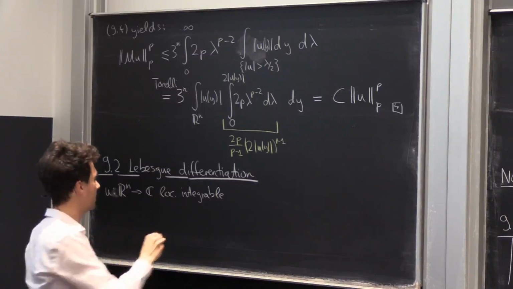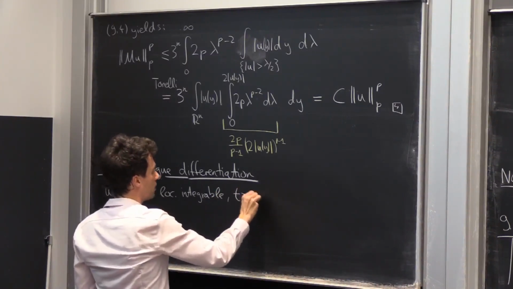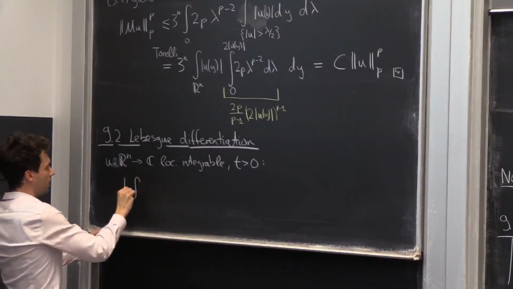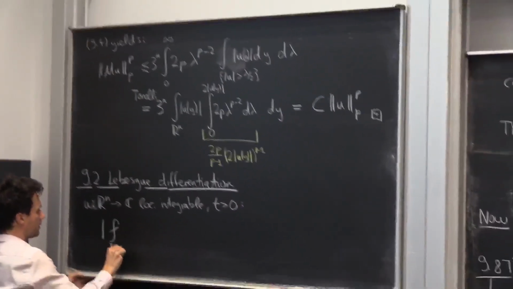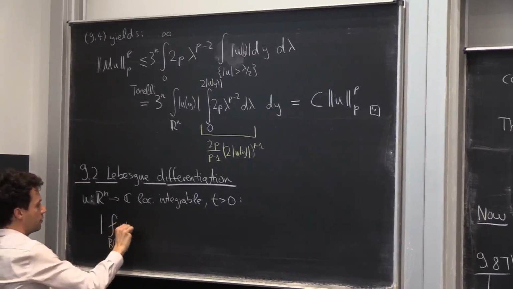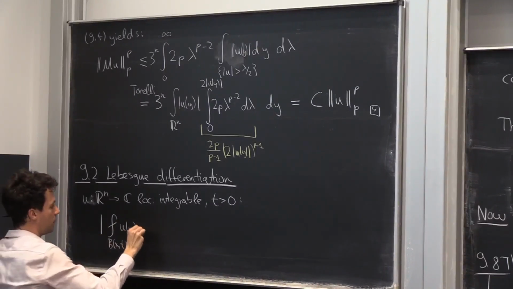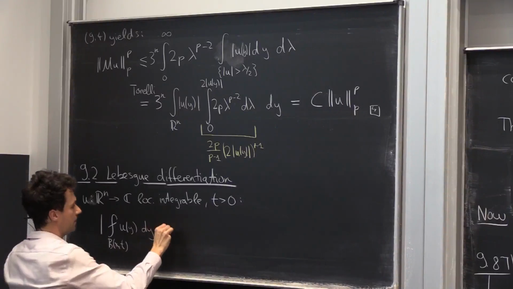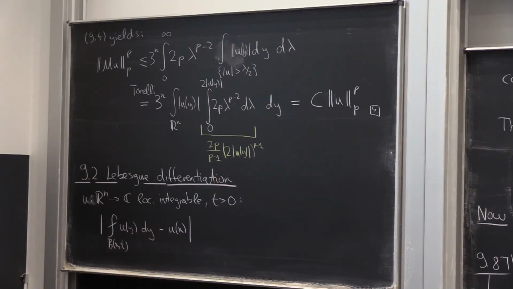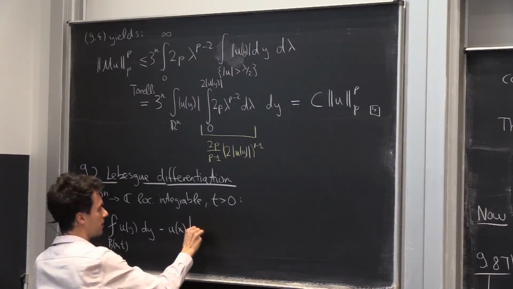And I take a scale, t positive, and as at the very beginning, I want to compare the average of u at scale t with the value of u at x. And ideally, sending the scale to 0 will reproduce the function, meaning that this term goes to 0. Okay, so there's one trick.